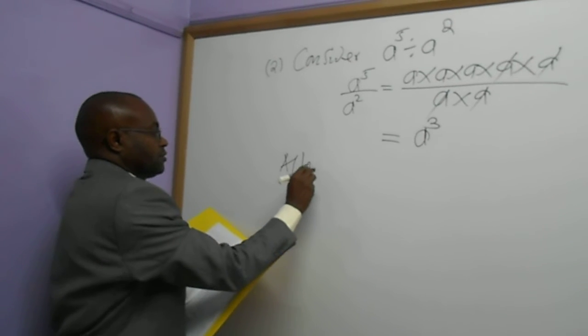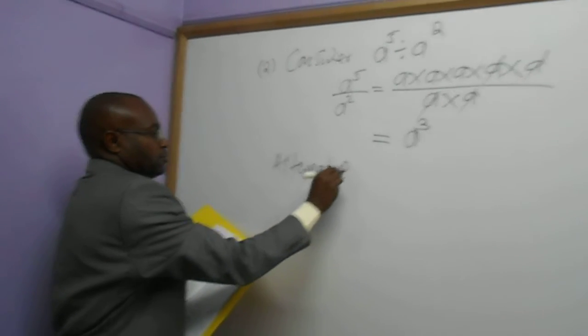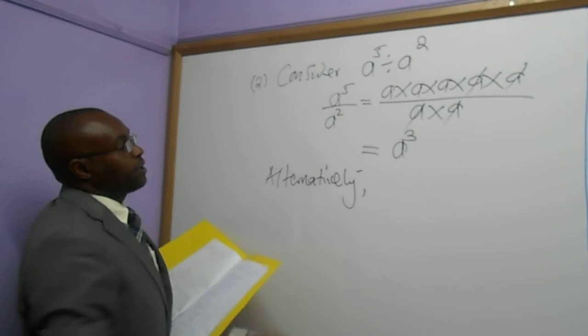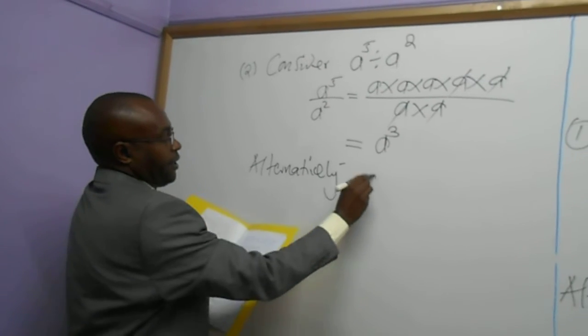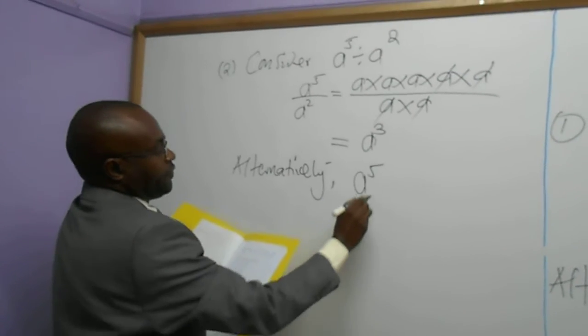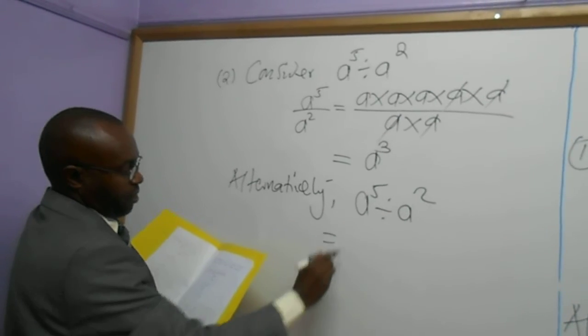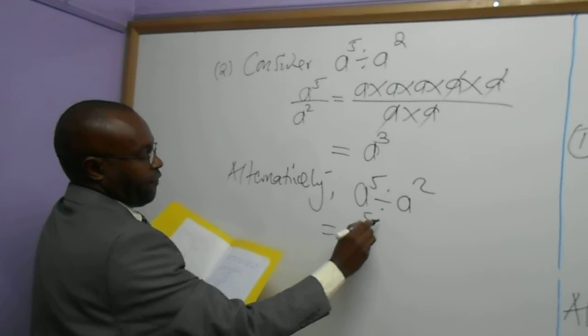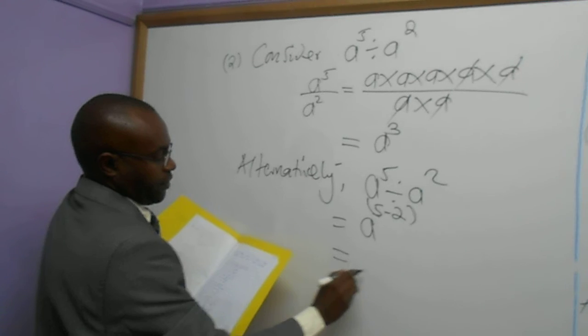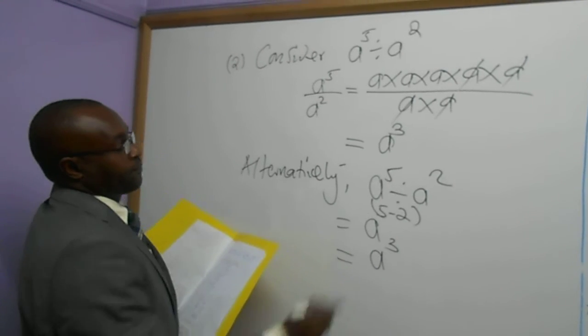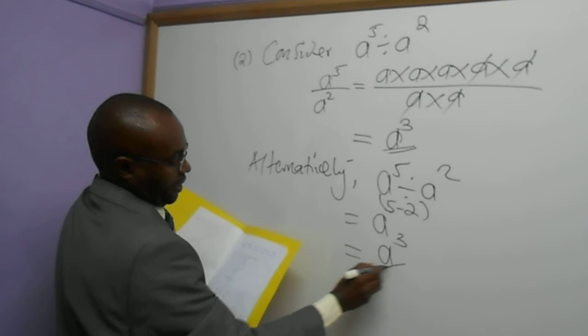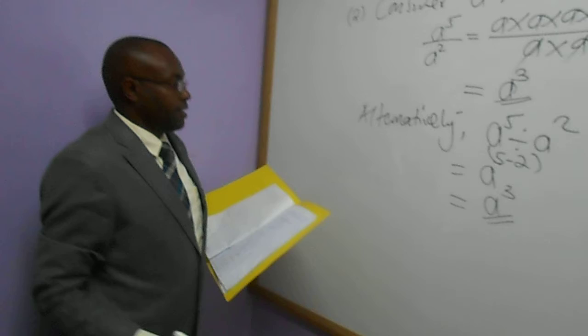Alternatively, you can say a to power 5 divided by a to power 2, we subtract the powers, a to the 5 minus 2. That will give us a to power 3. You realize that that answer and this one are the same.